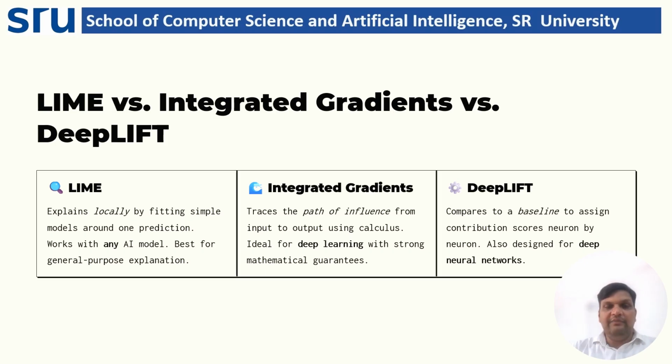It is ideal for deep learning with strong mathematical guarantees. DeepLIFT compares to a baseline to assign contribution scores neuron by neuron, and is also designed for deep neural networks.